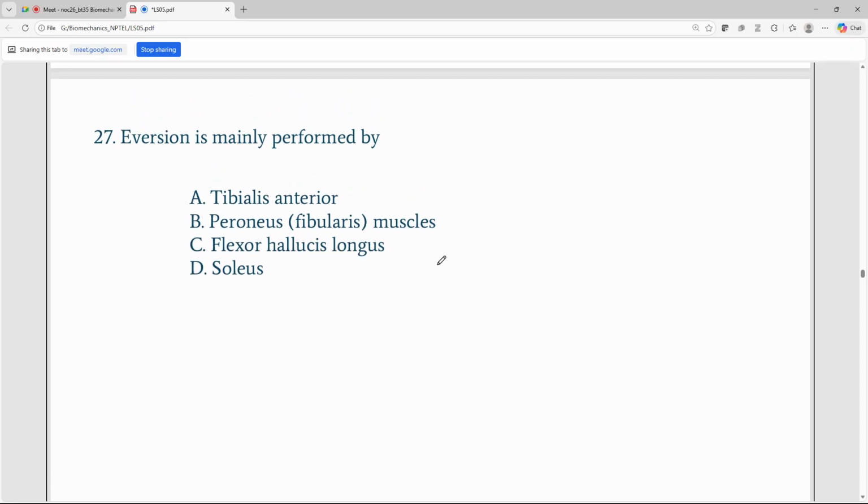Next question. The eversion is mainly performed by which of the following muscles? Options are option A, tibialis anterior, option B, peroneus muscles, option C, flexor hallucis longus, option D, soleus.